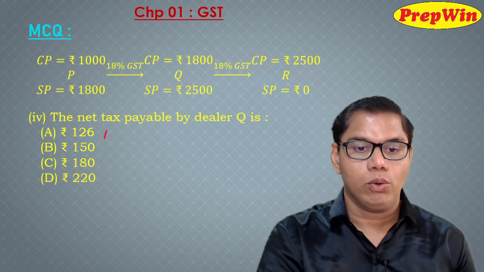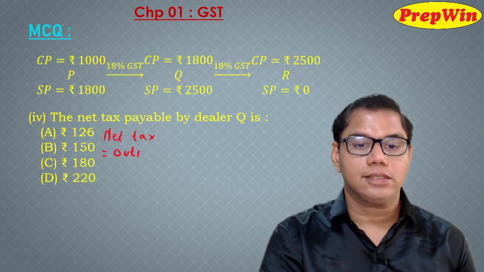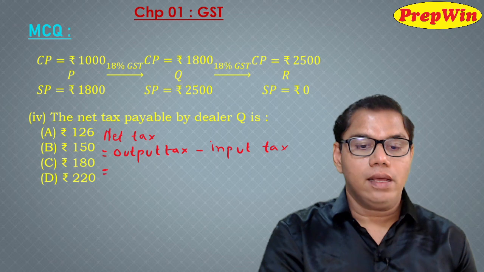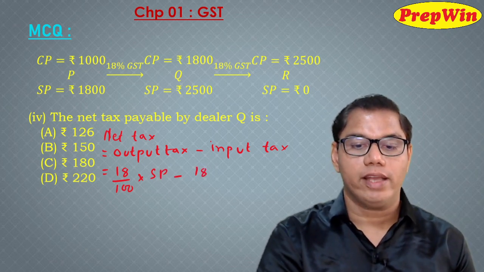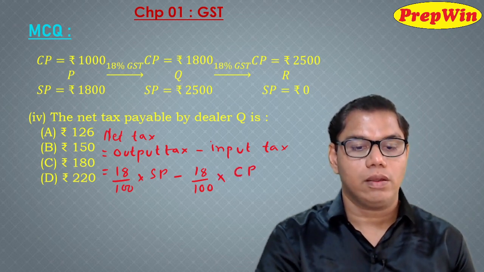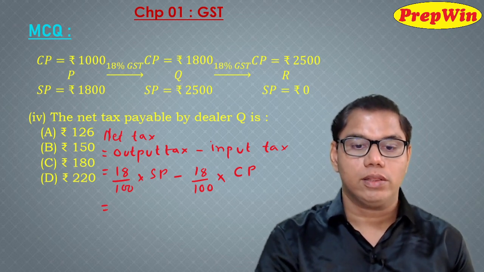Now we already know that net tax is output tax minus input tax, and output tax is 18% on the selling price, as output tax is always calculated on the selling price, and input tax is 18% on cost price. As always, input tax is always calculated on the cost price.